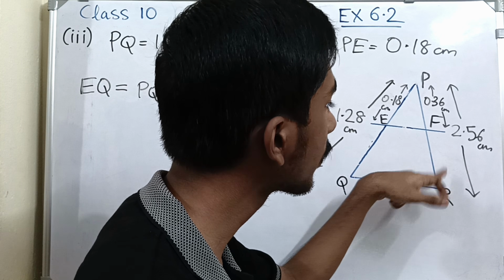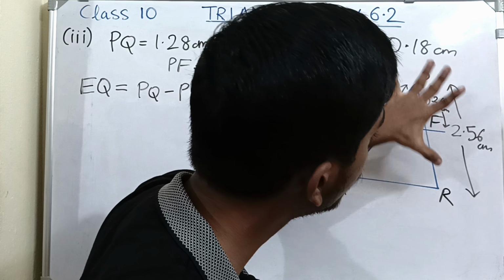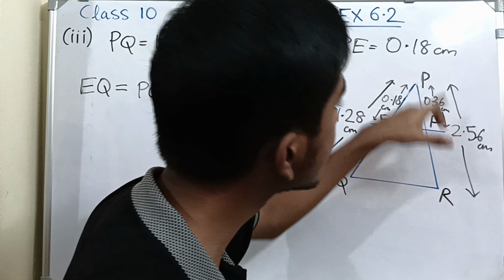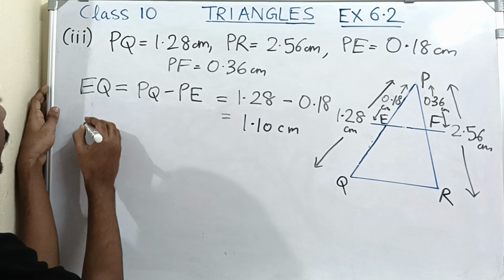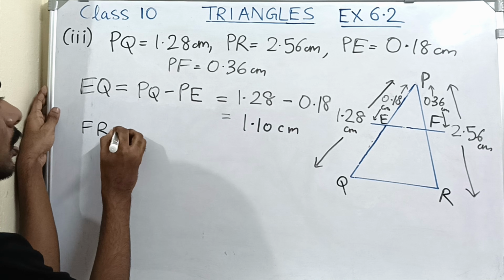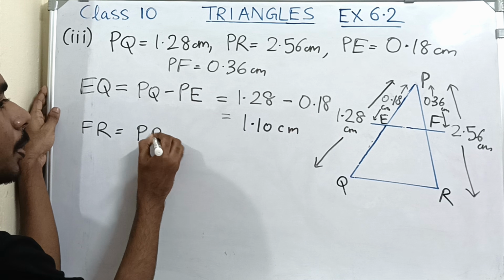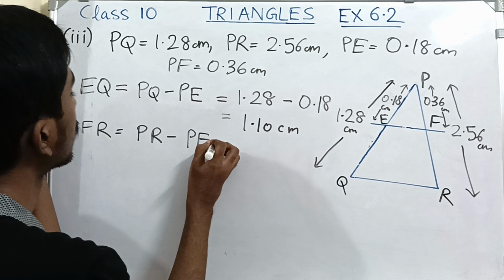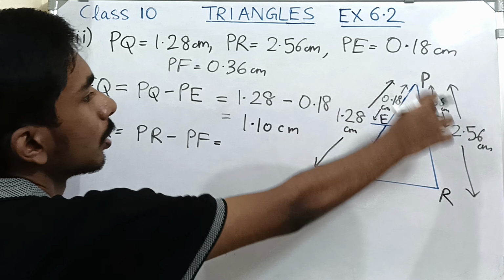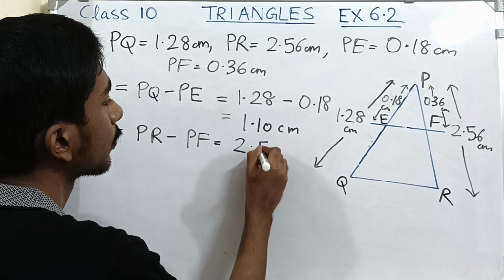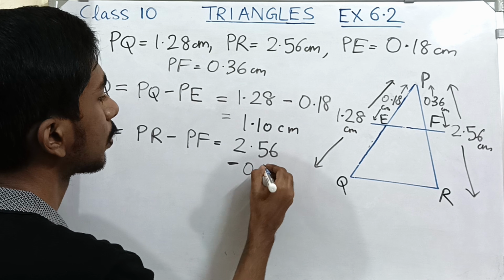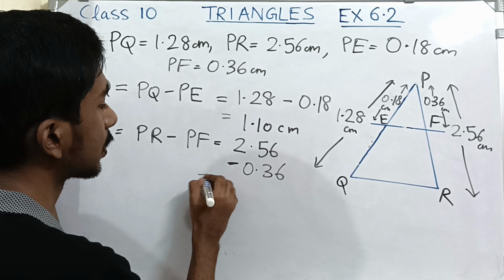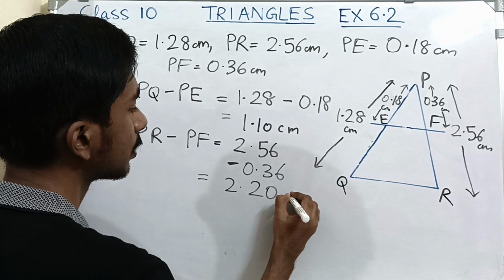So FR we will find by subtracting this shorter line segment PF from this big line segment PR. So FR is equal to PR minus PF. PR is how much? 2.56 minus PF, 0.36, which is equal to 2.20 centimeters.